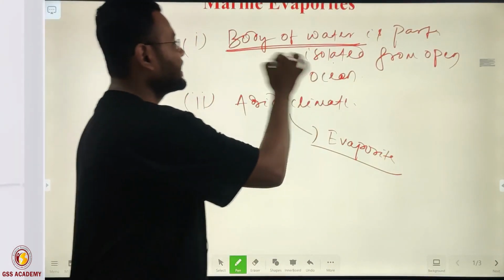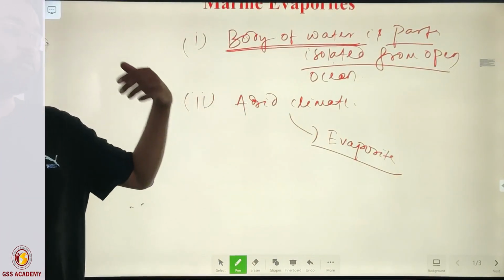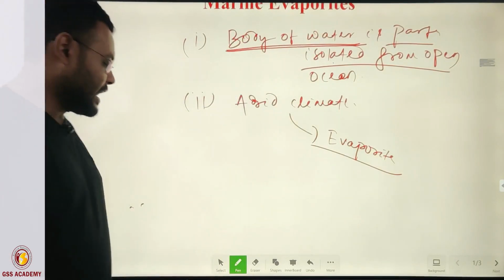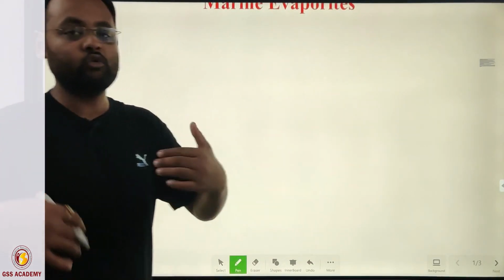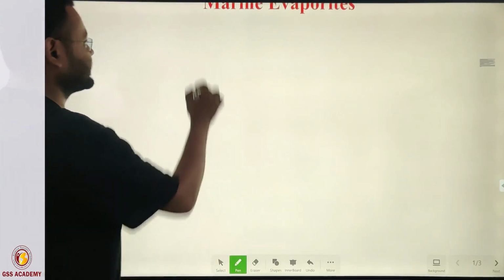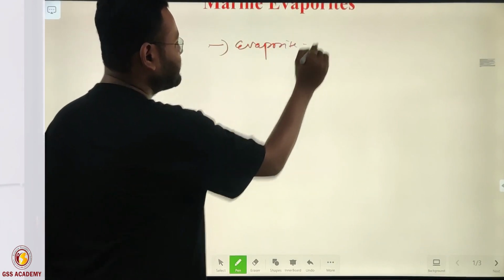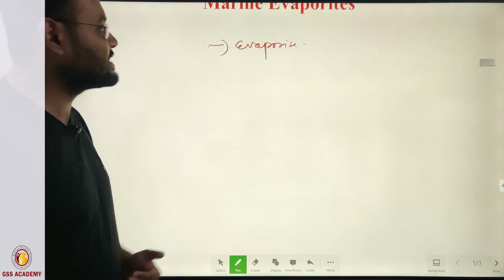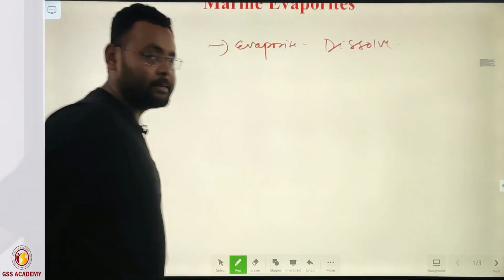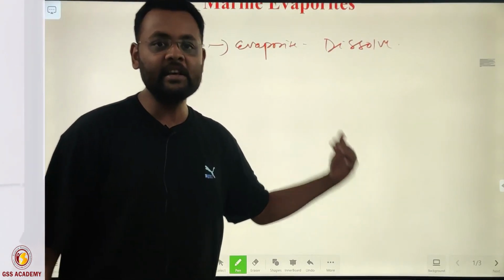First, we will see why we need a partial isolation of a body of water from the open ocean. What would happen if a body of water were completely isolated? Evaporites are simply the precipitation of dissolved components that are present in the seawater.